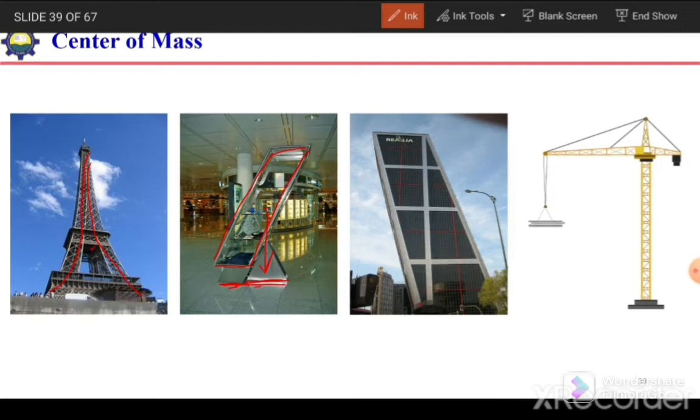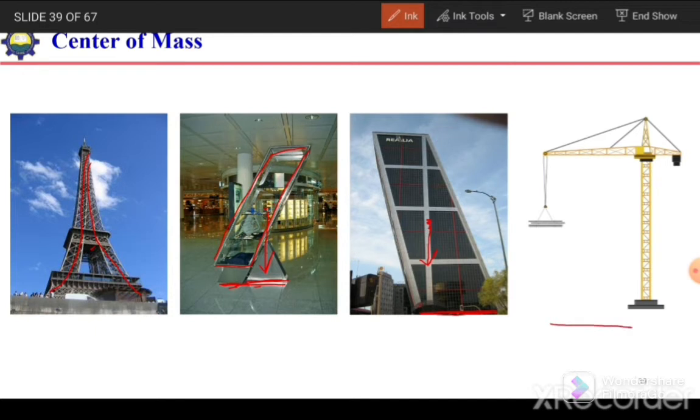Here in this structure, the line of action of the mass will be over here, and it is passing through the supported area, so this structure will be stable. Visually it looks like it will topple over, but it will be stable because the center of mass lies over the supporting area.